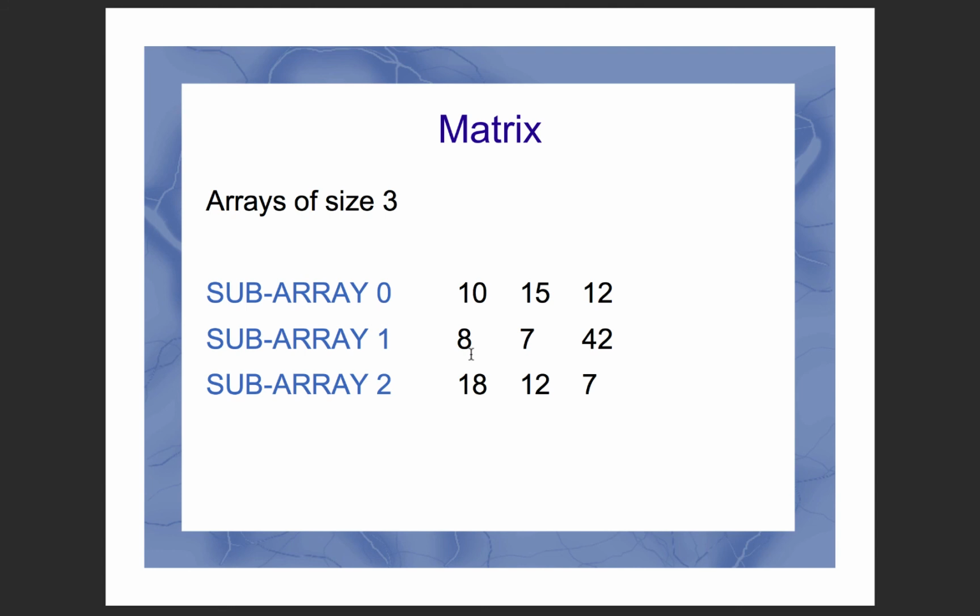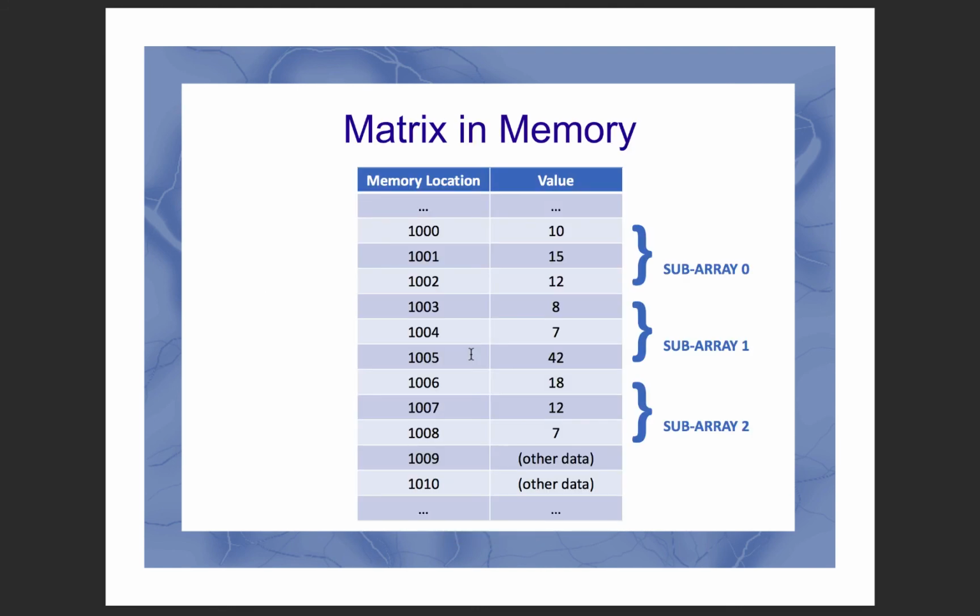We need a matrix when we try to build any graphics, any map, or any spreadsheet, any table. Probably you need some matrix. And the data in the matrix is also kept in memory.